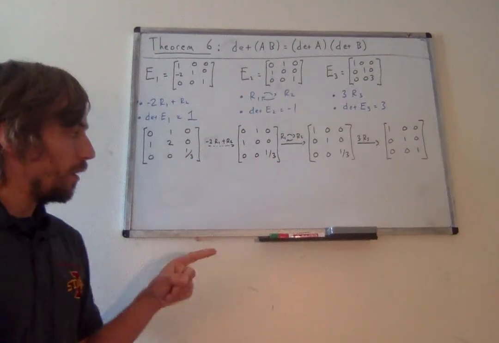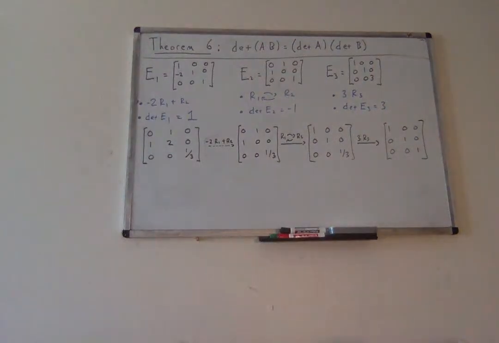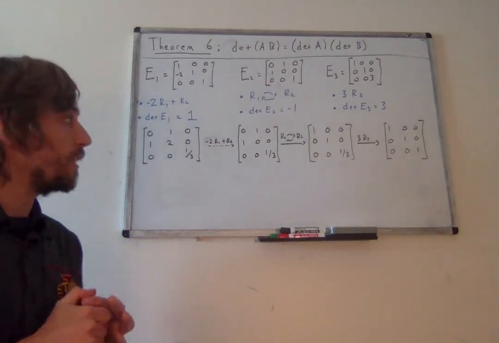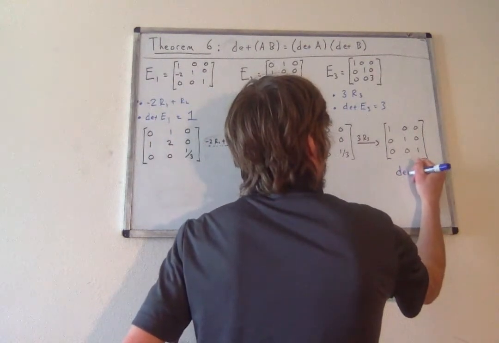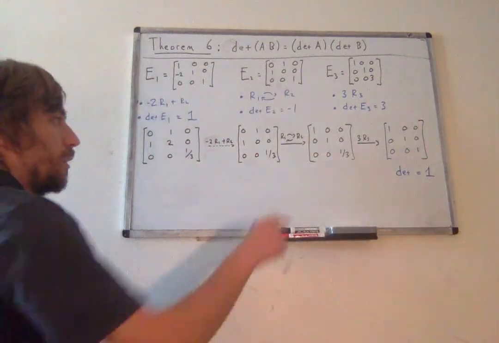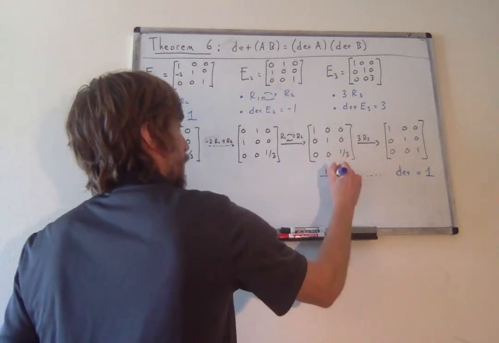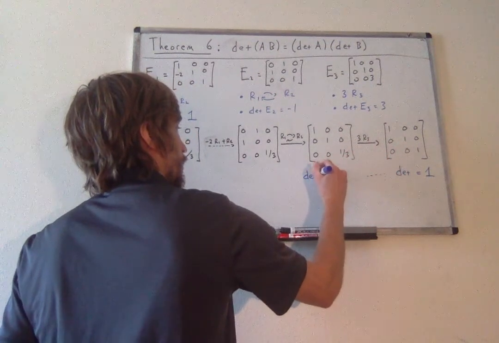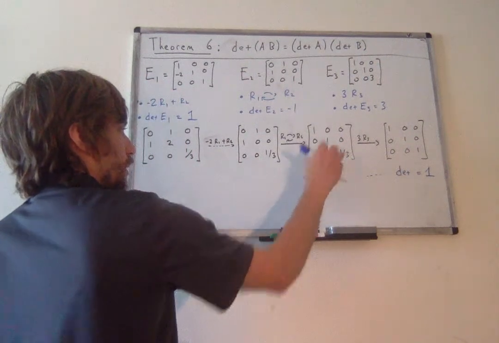All right, so we now know how to work backwards in order to find the determinant of this matrix. We know that the determinant of this matrix is equal to 1. Since I multiplied by 3 here, I should divide by 3, or multiply by 1/3. And so the determinant of this matrix is equal to 1/3.